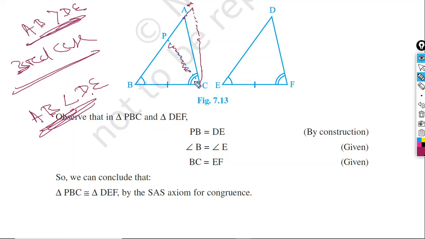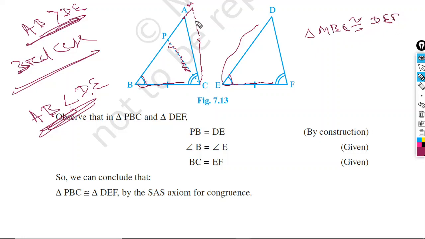prove triangle MBC congruent to triangle DEF, because MB is equal to DE, angle B is equal to angle E, and BC is equal to EF. So triangle MBC will be congruent to triangle DEF.